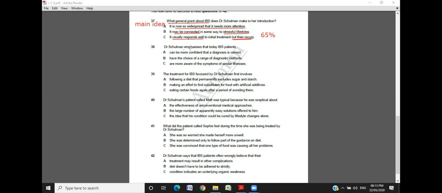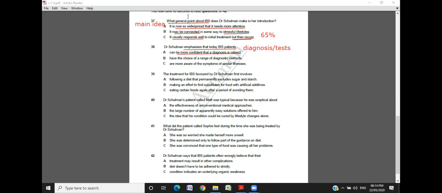Then emphasizes. Today, IBS patients, what is she trying to emphasize? The patients can be more confident about diagnosis. So here we get to know that in this part of the conversation she's going to talk more about the diagnosis and the tests. So more confident that diagnosis is correct.